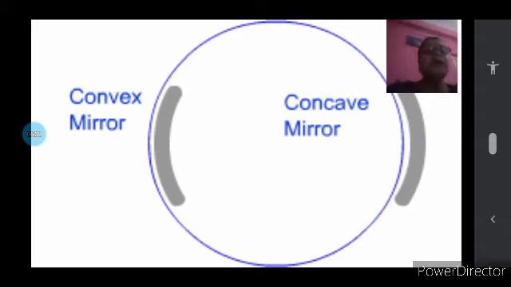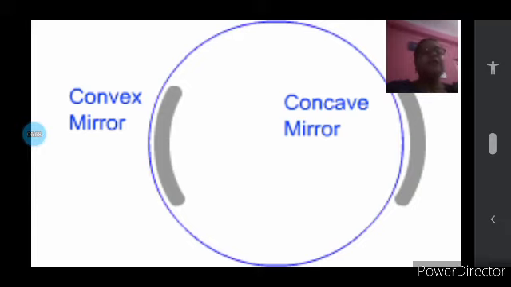How are they different? The reflecting surface only is going to be the difference between the two, and because of that only, as you used the spoon, the image formation also differs. Now in the concave, you see the reflecting surface is curved inwards, and in the convex mirror, the reflecting surface is bulged outwards.